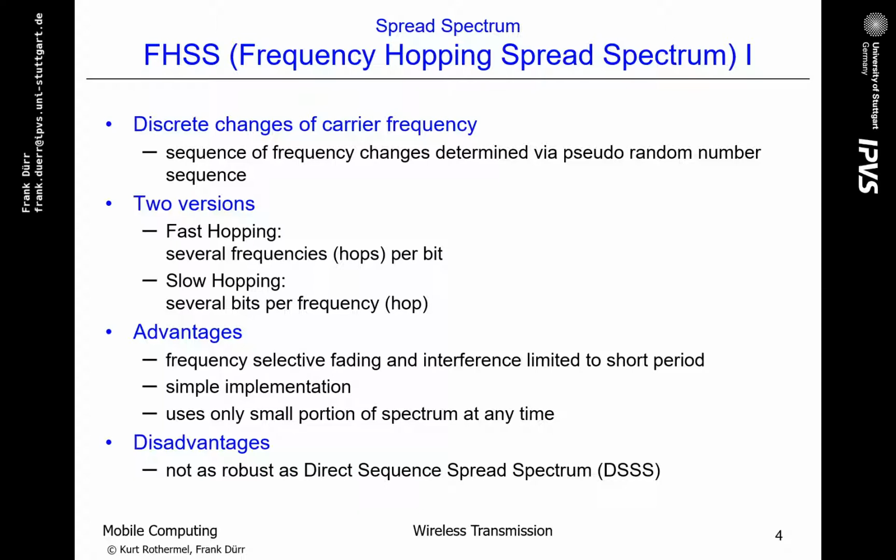However, now we don't statically allocate one sender to one of these channels, but we dynamically let the senders hop from one frequency, from one channel to another channel in a pseudo-random fashion. That would mean, for instance, a sender would start at channel number 5 and then would jump to channel number 1, then maybe to channel number 3, then maybe to 5 again. And this is in a random fashion according to a random sequence that it will calculate.